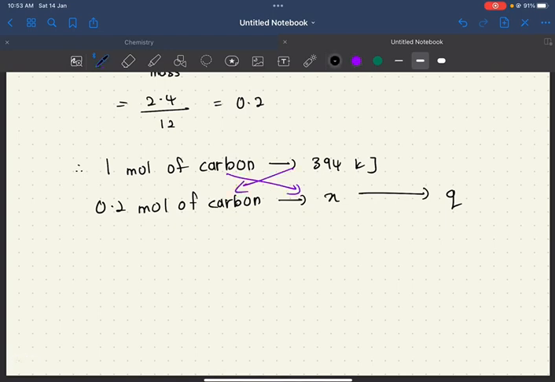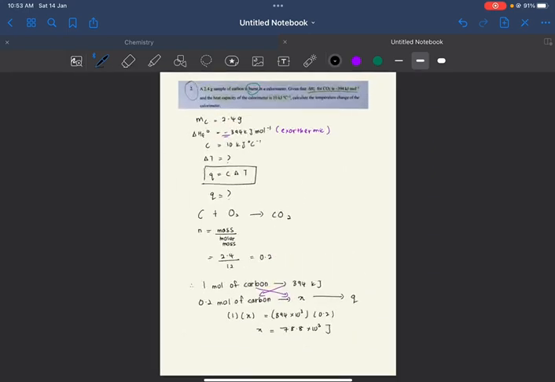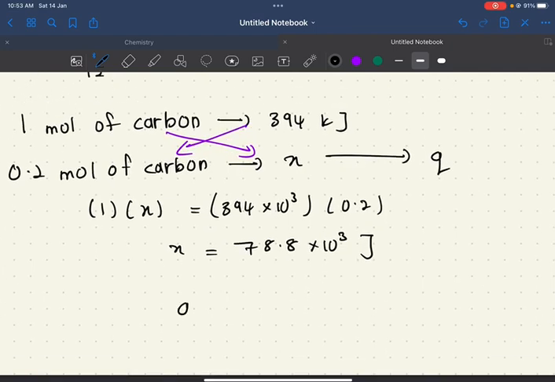What we got is 1 multiplied by X equals 394 kilojoule multiplied by 0.2, and X we got 78.8 kilojoule. And this is the Q we're searching for.